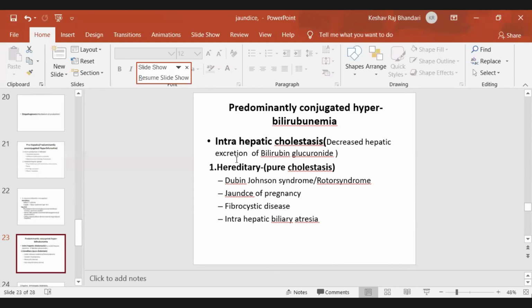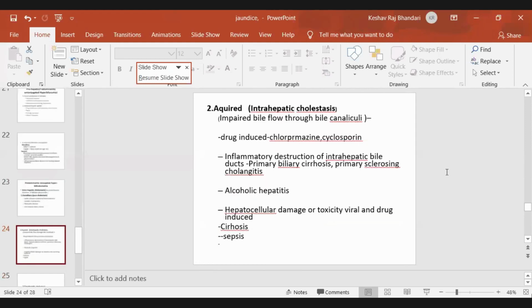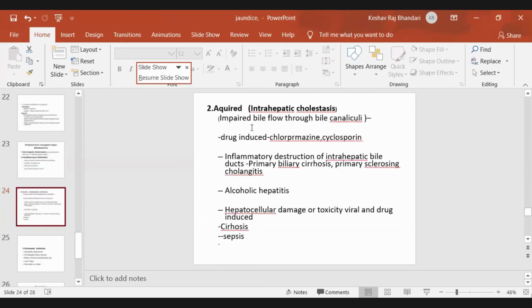Now, conjugated: intrahepatic cholestasis and extrahepatic cholestasis. Intrahepatic cholestasis, hereditary causes are Dubin-Johnson, jaundice of pregnancy, fibrocystic disease, whenever the small bile duct tubules inside the liver are blocked. Acquired intrahepatic causes are drugs like chlorpromazine, and inflammatory destruction of hepatocytes and intrahepatic bile ducts, like primary biliary cirrhosis, alcoholic hepatitis, hepatocellular cirrhosis.